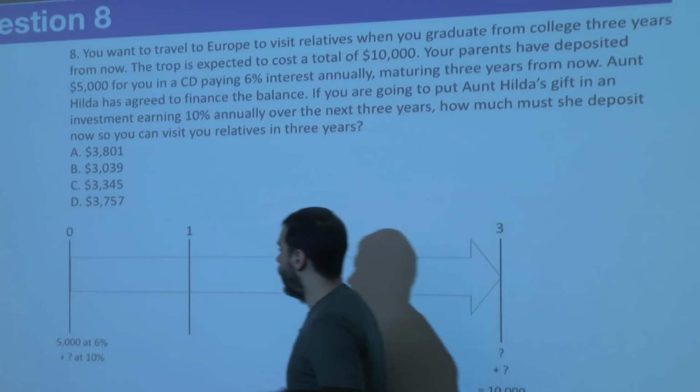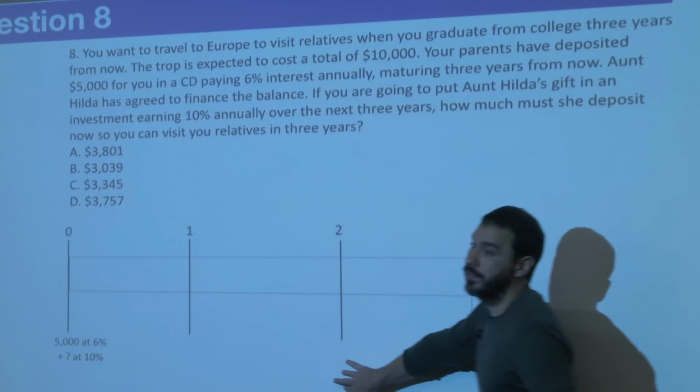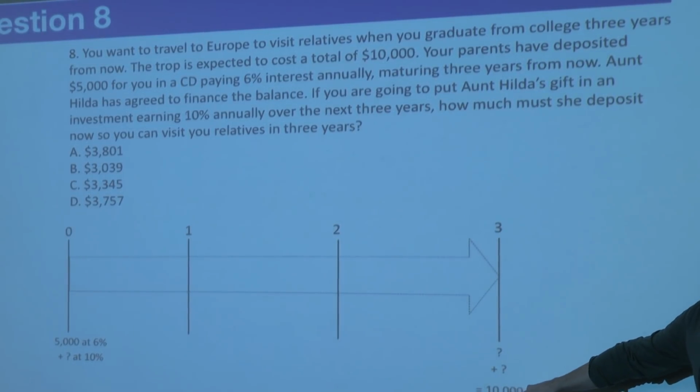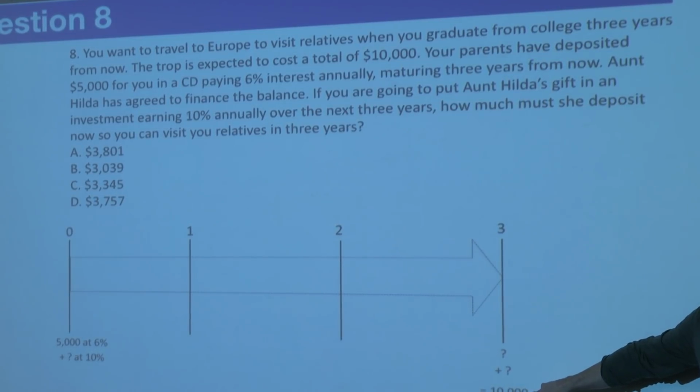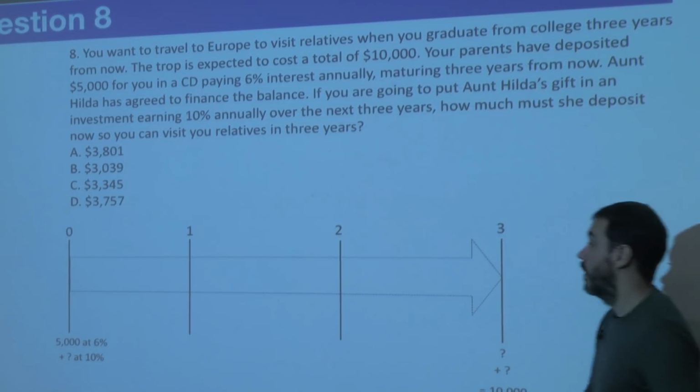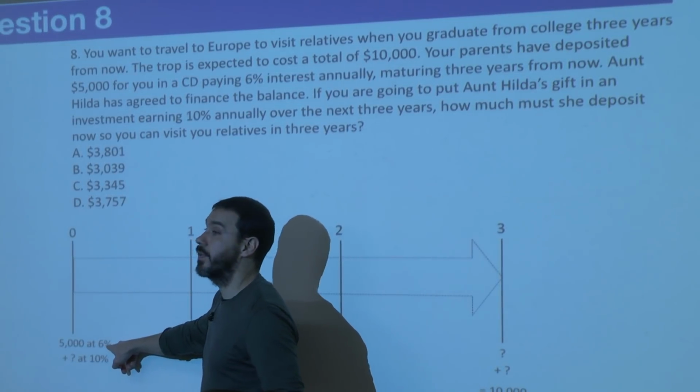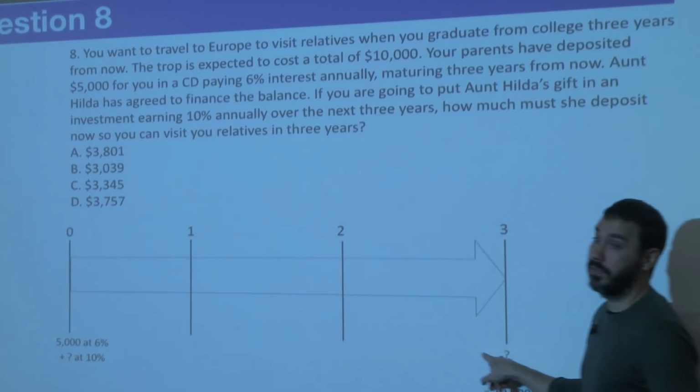So, okay, you will have 2 sources that together need to amount to $10,000 in 3 years. One of these two sources is $5,000 invested at 6% for these 3 years.